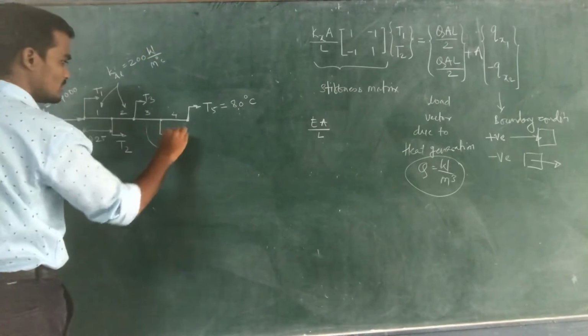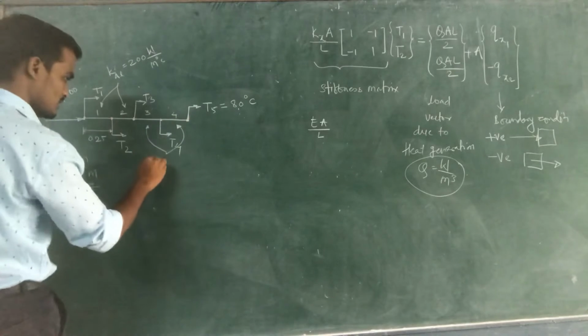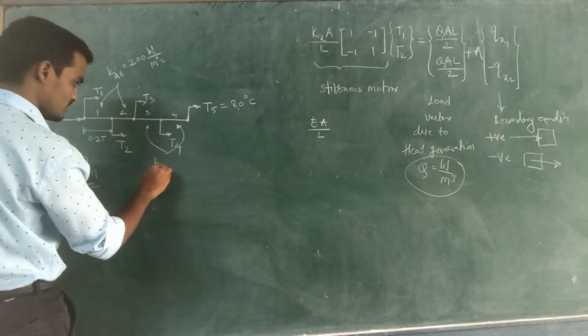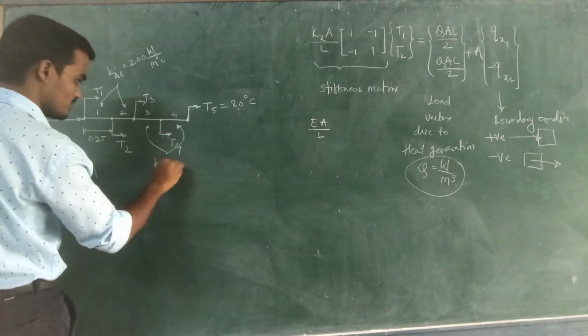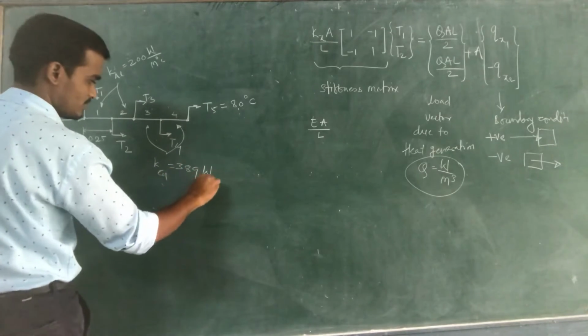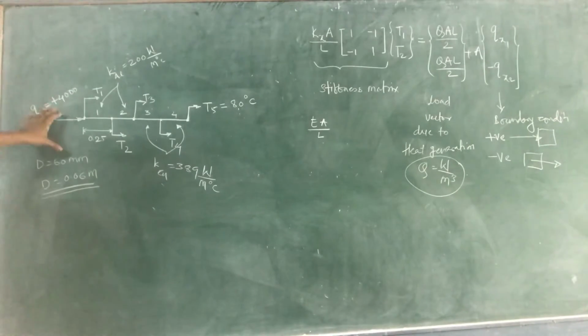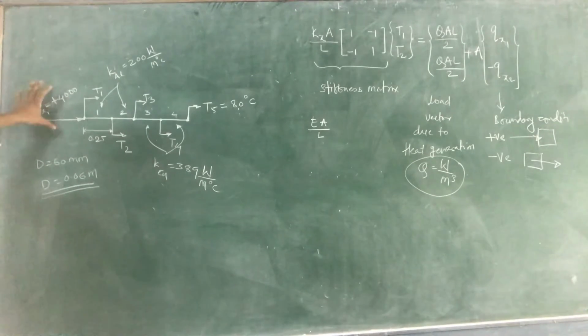For the other 2 elements we take the same thermal conductivity, that is K copper, which is given equal to 389 watt per meter degree Celsius. So this is the basic data related to your problem.